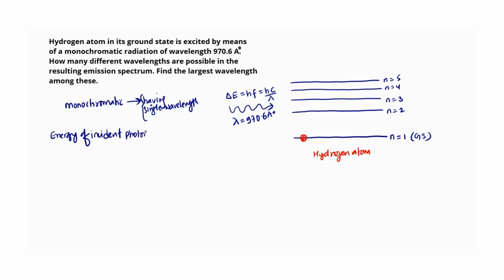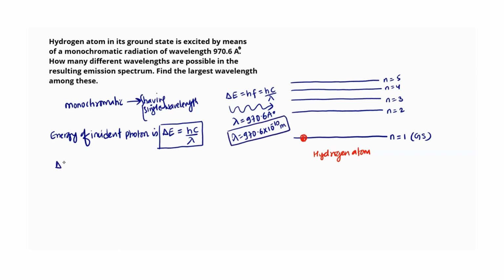I'm writing in short, it is delta E, and this equals hc by lambda. Clear? And we can write it in this way in the SI system.